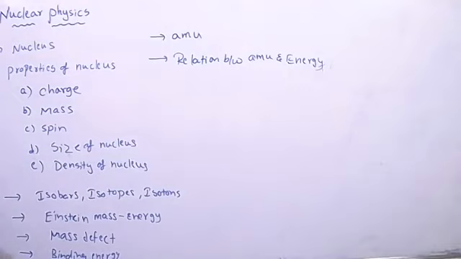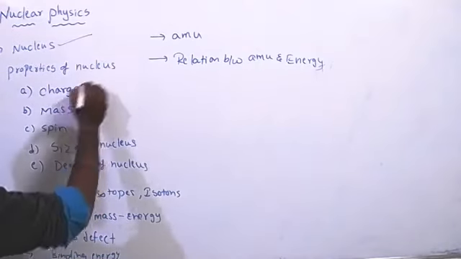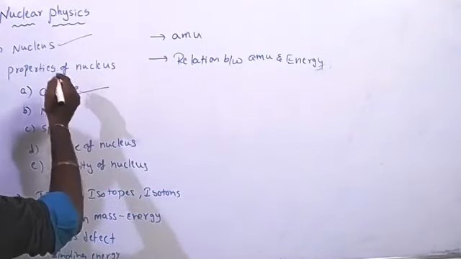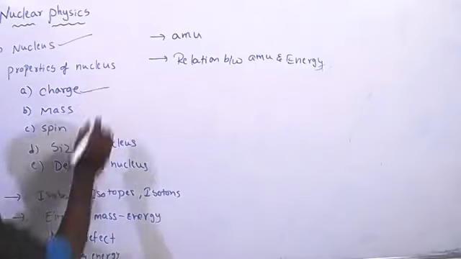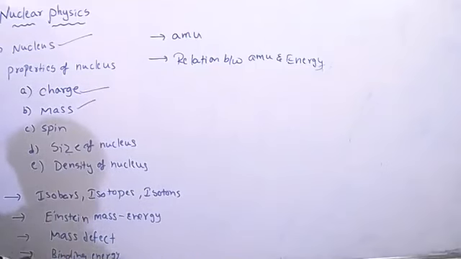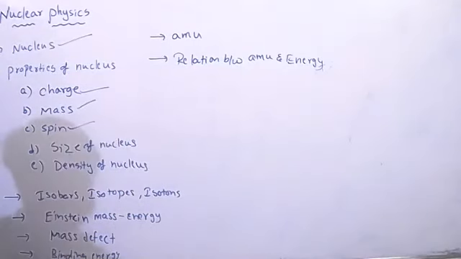So now look at this, properties of nuclear force. See, what is the nucleus? Properties: charge, positive charge. Why is it positive? We know in the nucleus there are only protons. Mass is the sum of protons plus neutrons. Spin, half will be there.